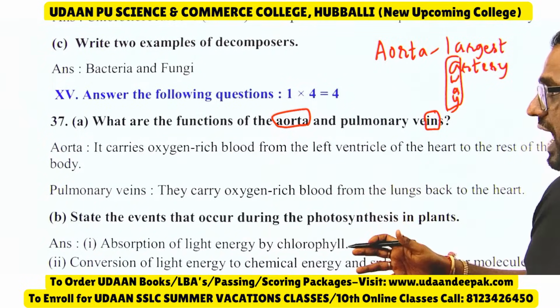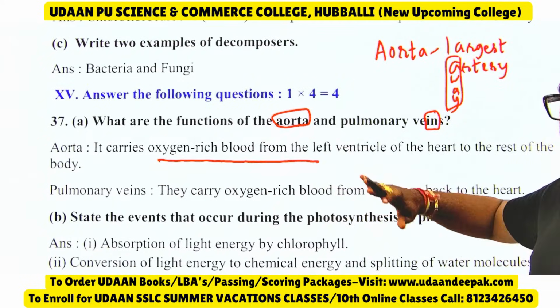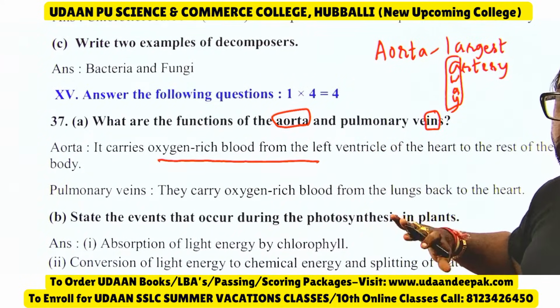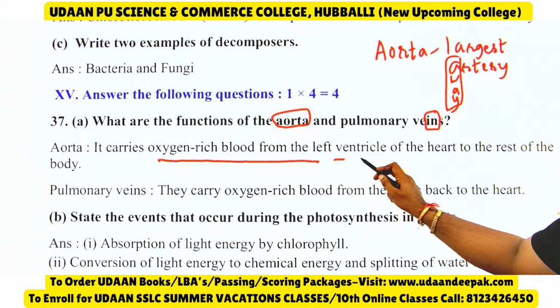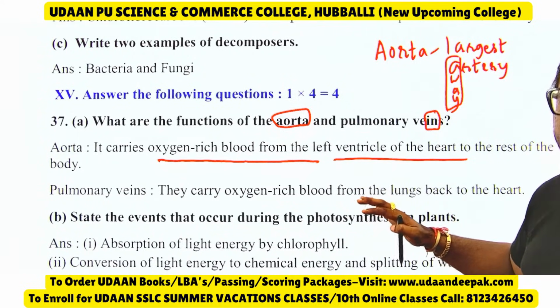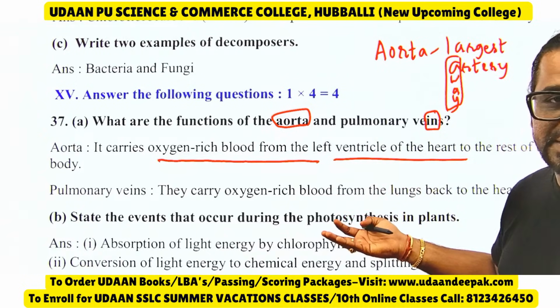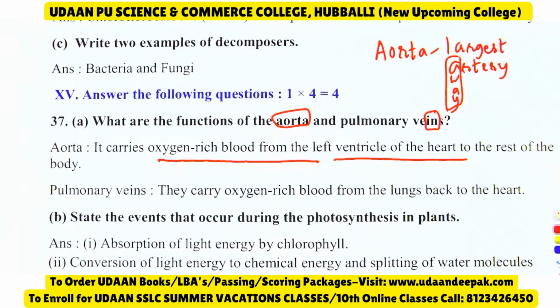Aorta is the largest artery. It carries oxygen rich blood away from the heart, from the left ventricle to the rest of the body. So from the heart it carries oxygen rich blood to each and every part of the body.